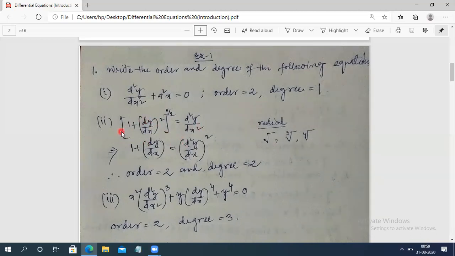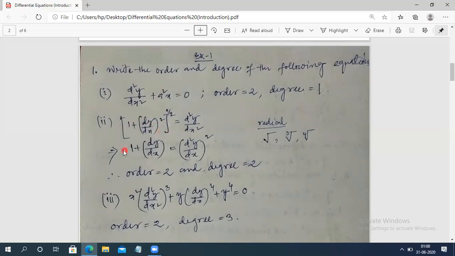Radicals mean square root, cube root and so on. To find the degree of any differential equation, you first make the equation radical free, that is, you express it as a polynomial in its derivatives. To express this as a polynomial, first square both sides.